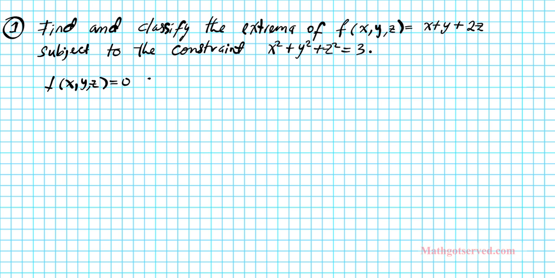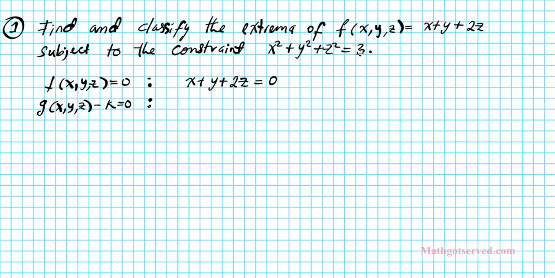What is that going to look like? Well, we're just going to take this portion of the function, x plus y plus 2z, set it equal to 0. And then next, we're going to do g of x, y, z minus k equals 0. So basically, set this constraint equation to 0.